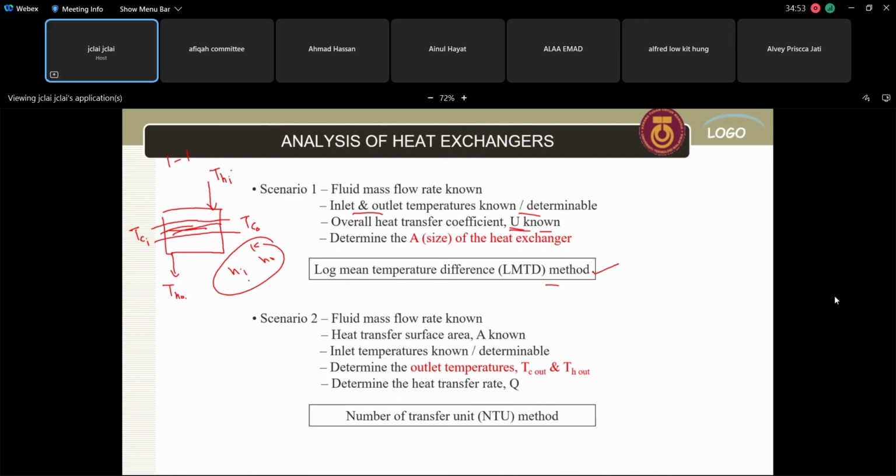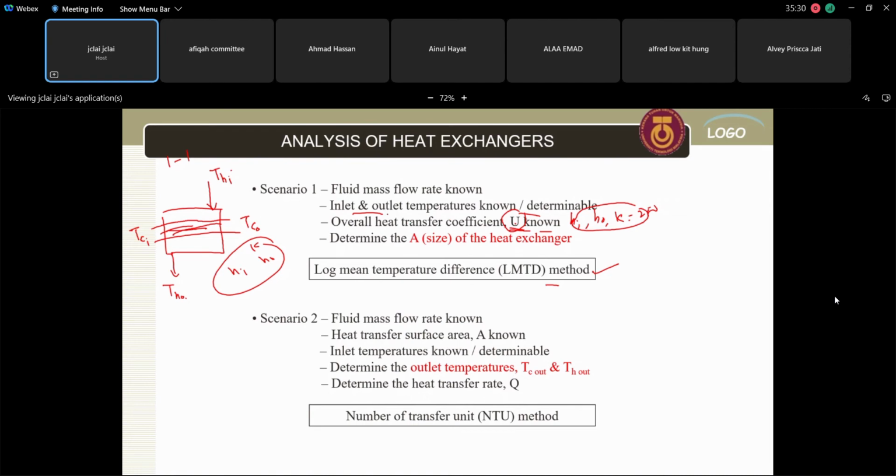If you pay attention, if you have gone through the previous lecture, then you know how to determine U. Sometimes U will be given to you, sometimes not, but instead you'll be given HI, HO, and the K value of the tube material, let's say copper, K equals, let's say, 250, right? Then using this information, you can determine U, right?